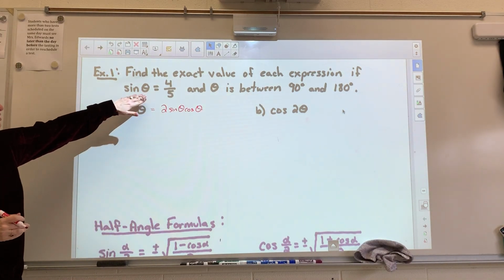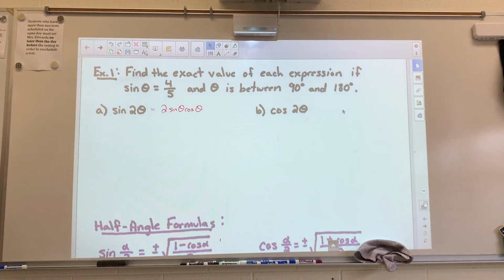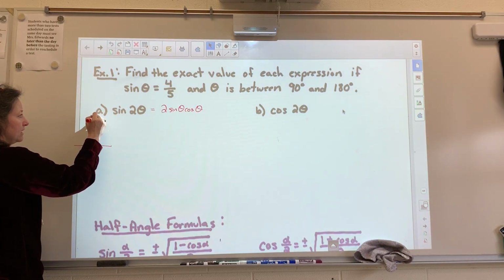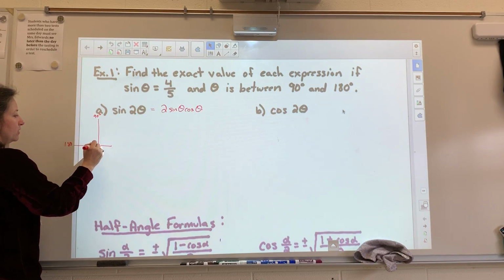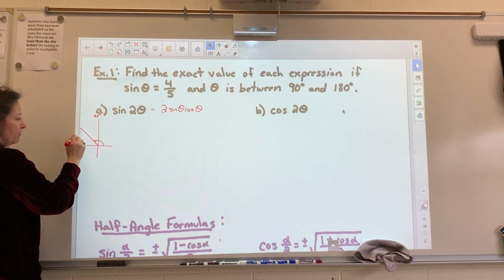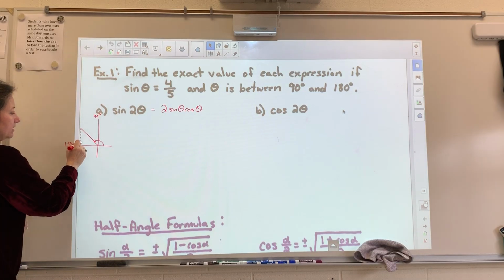Then I'm going to build myself a triangle from the sine information, and put it in the correct quadrant. What quadrant will the angle be located in if it's between 90 and 180? It will be between 90 here, 180 here, which means my angle puts me over here. I'm going to drop a vertical and make a right triangle.